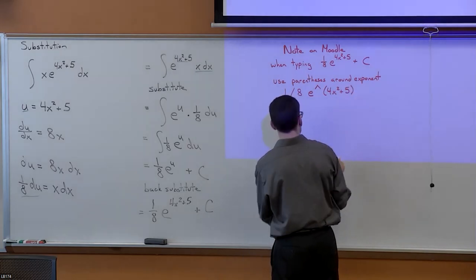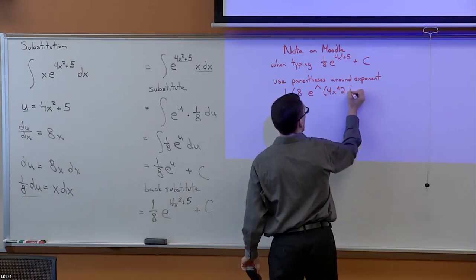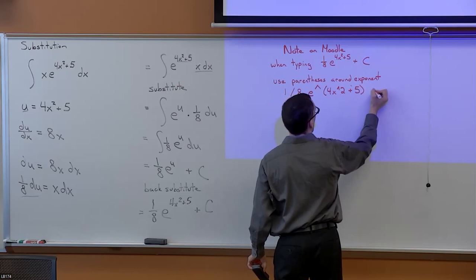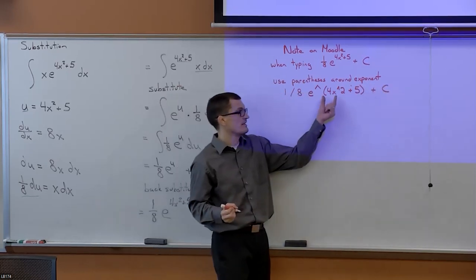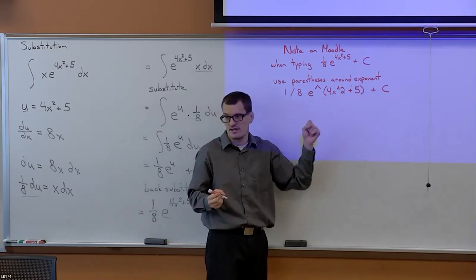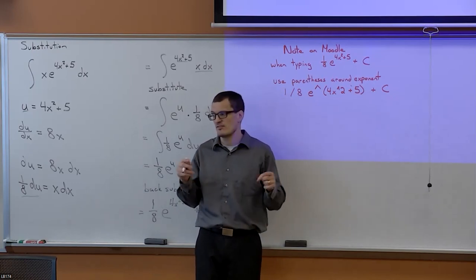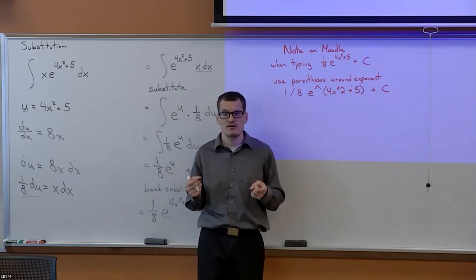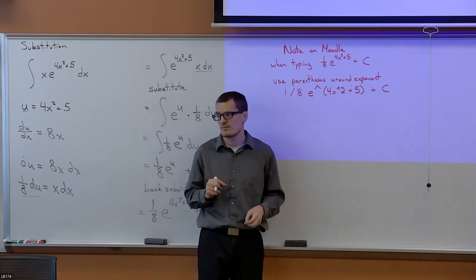Because if you don't, then the exponent is going to be 4x squared, and then you're going to tack on a 5 at the end, right? So use parentheses around the exponent, so the entirety of the expression 4x squared plus 5 ends up in the exponent.